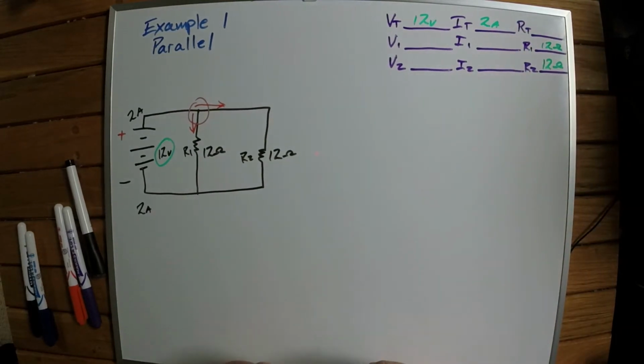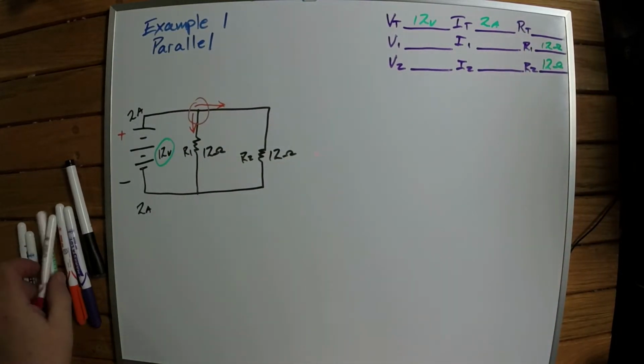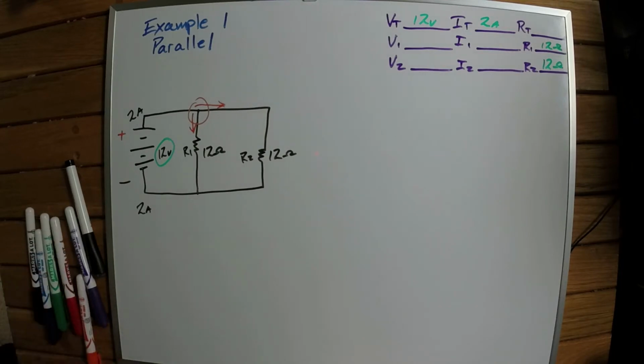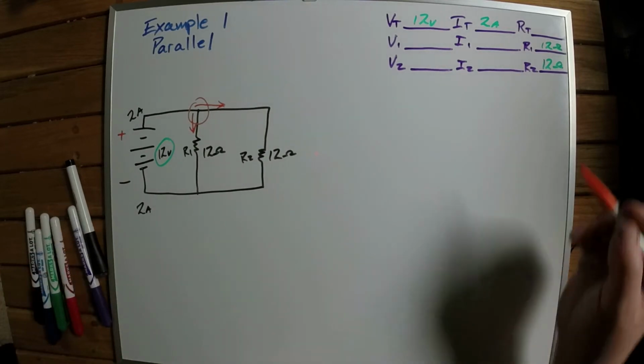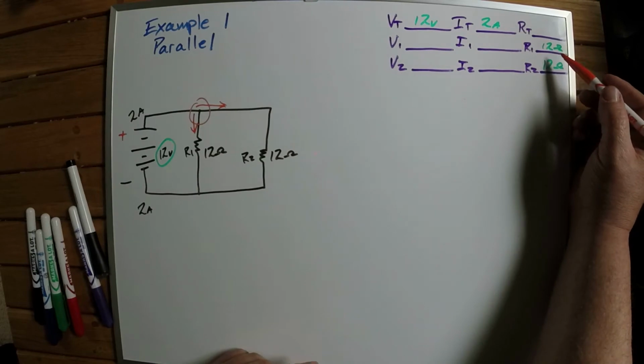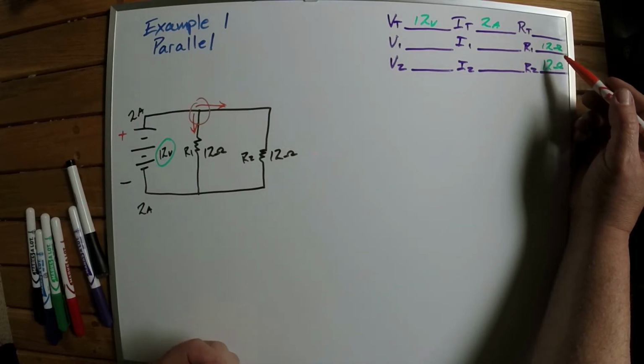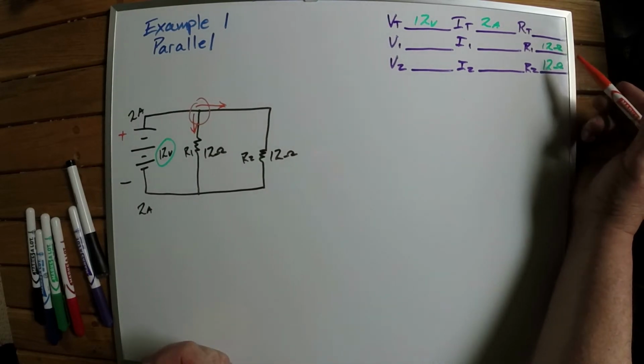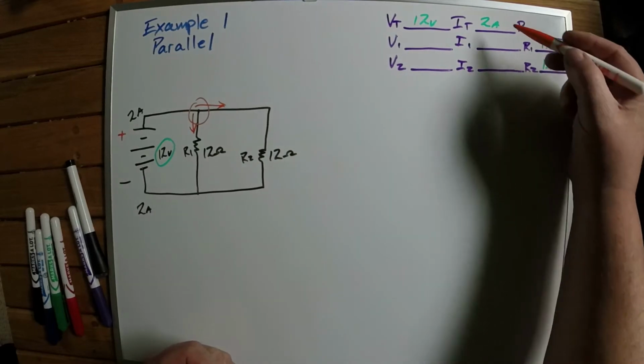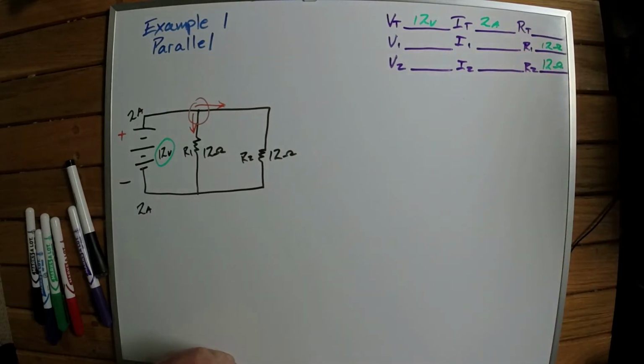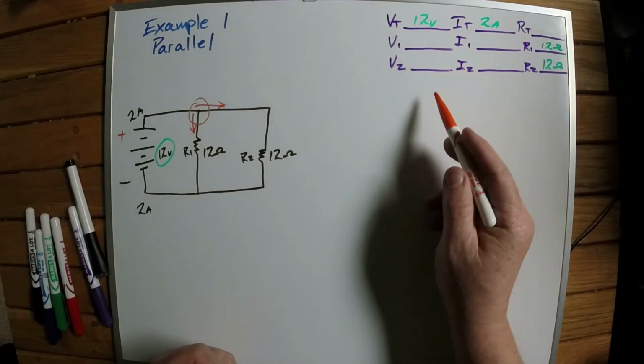Now, there's a couple of ways that we can figure out the resistance value, or the resistance total. With a parallel circuit, there's certain things that don't apply anymore that did apply in series circuits. You remember in a series circuit, amperage was constant. Well, in a parallel circuit, amperage is additive, but voltage is constant.